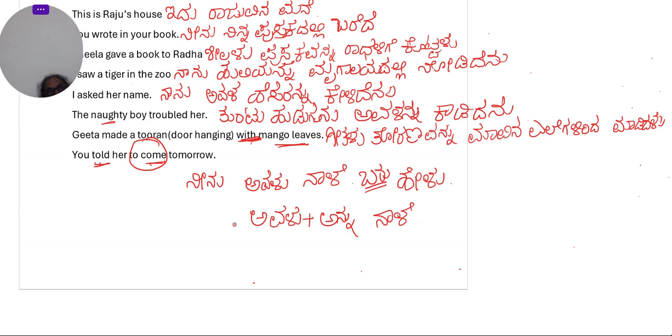Now whenever you want to convert, add a to a verb. Remember to a verb. So baru is there. And now baru means come. For that we have to say to come. So baru plus lu we will add. Okay, so it will become baralu. Okay, so always remember whenever you have to do to verb. Like suppose example is if I say nodu.